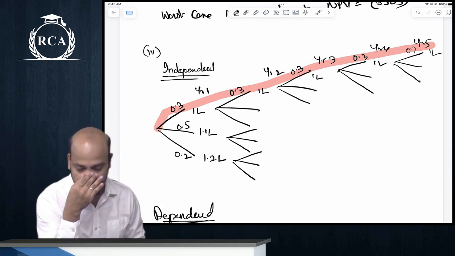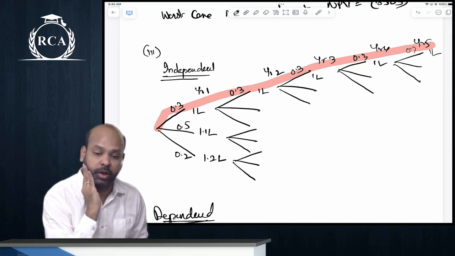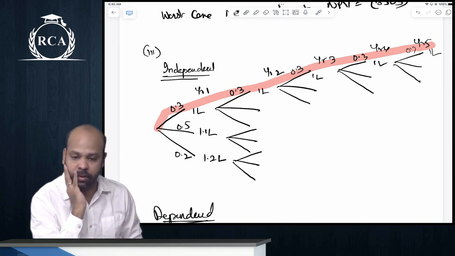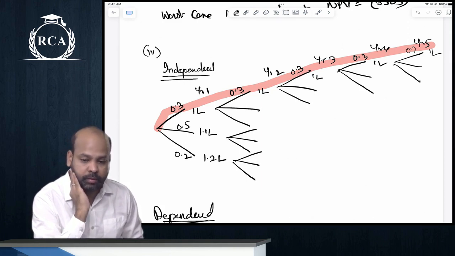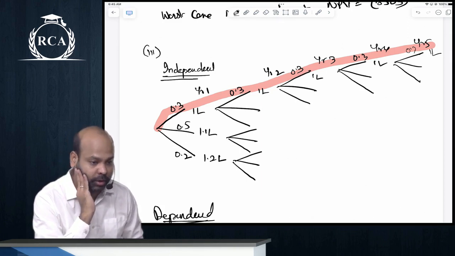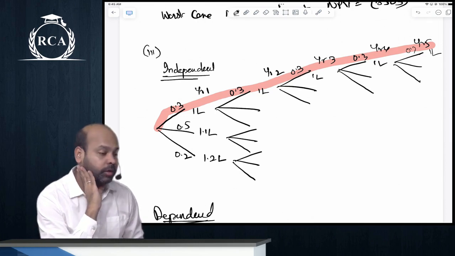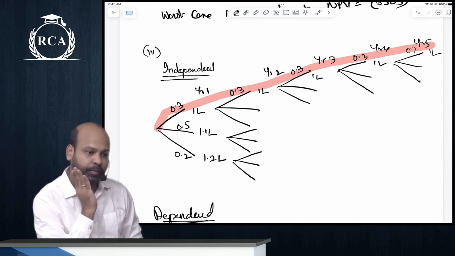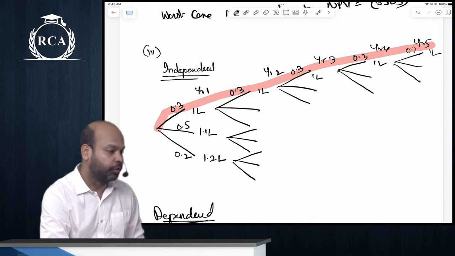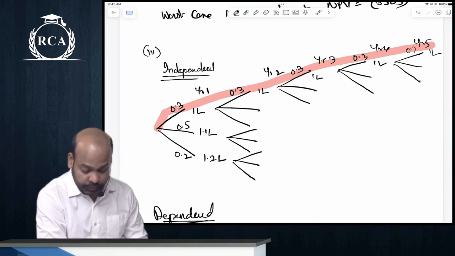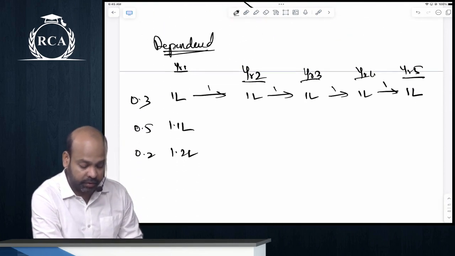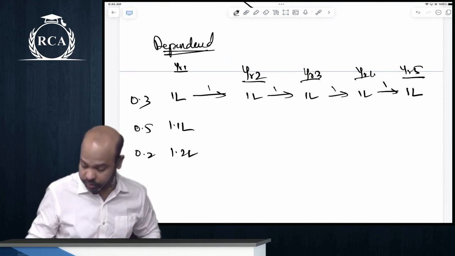This is for each of the years. So that will be 0.3 power 5, which is 0.00243. Write 0.00243.